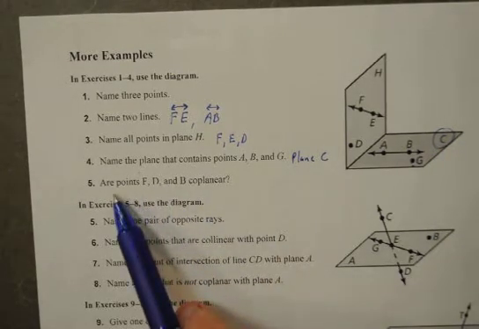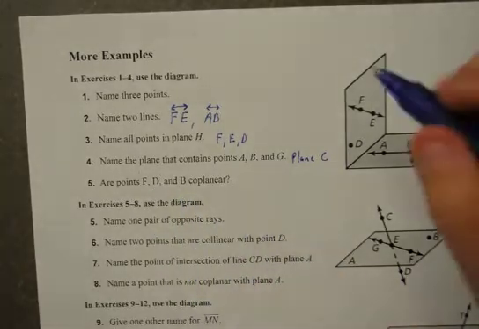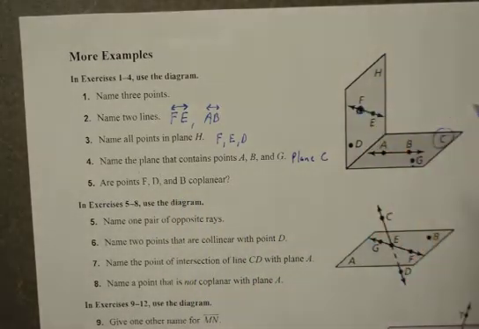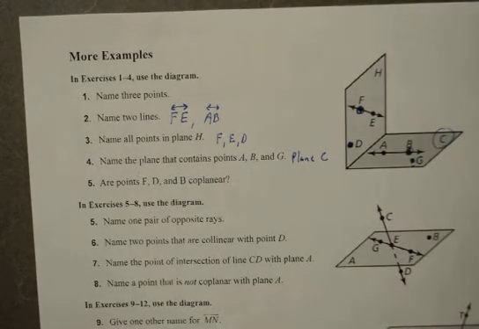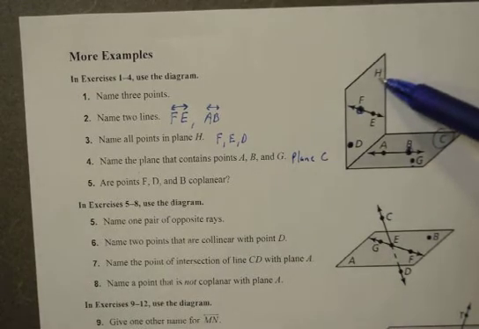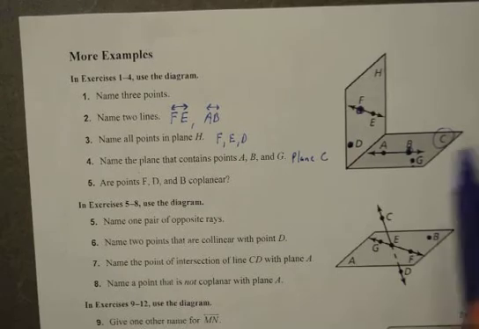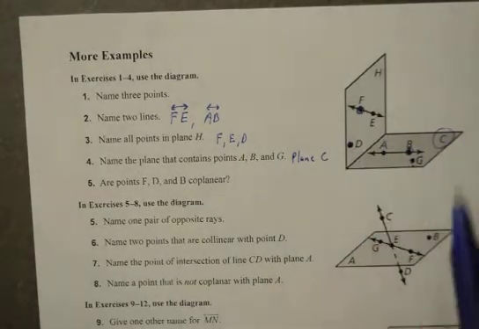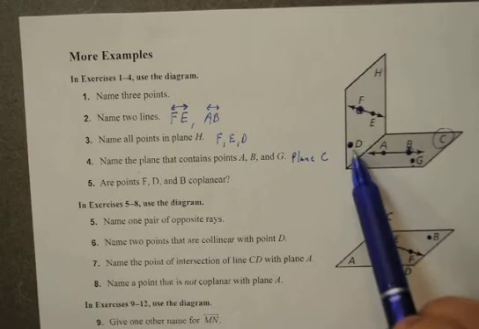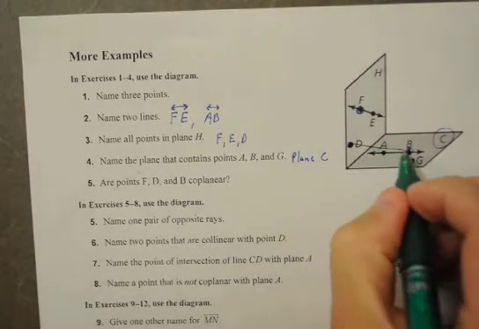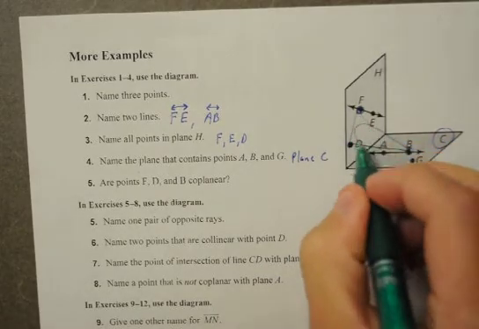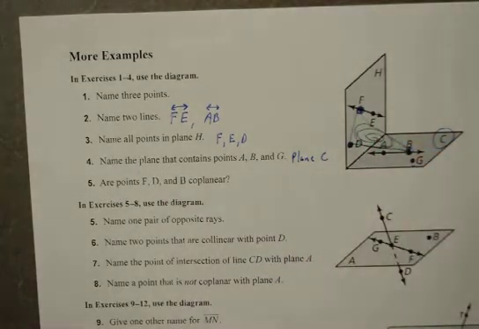And then the last question here, are points F, D, and B collinear? So here's F, D, and B. Alright, this is a tricky question. Are these points all on plane H? No. Are these points all on plane C? No. However, is there a plane that exists in our mind that does connect these 3 points? Could a spider spin a web between these 3 points?